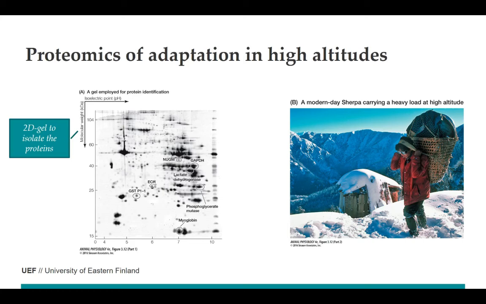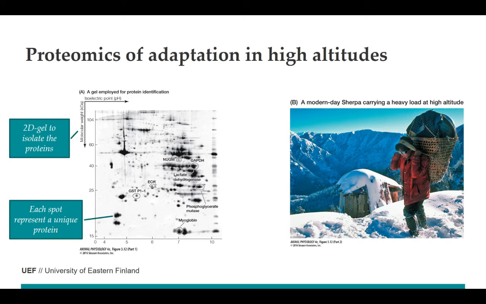But because at the same size we can have several different proteins, we need another dimension. Because proteins are formed by different amino acids, and different amino acids behave differently in different pH, we can have a pH axis to isolate different proteins. And that's why each spot over here represents a unique protein.